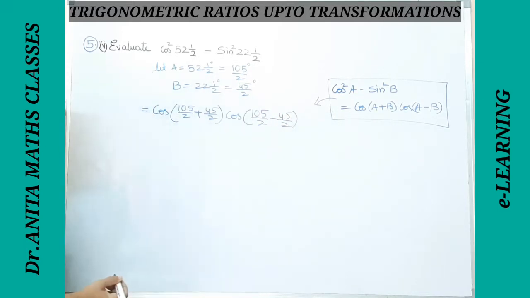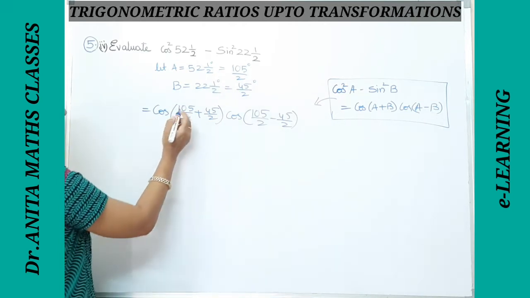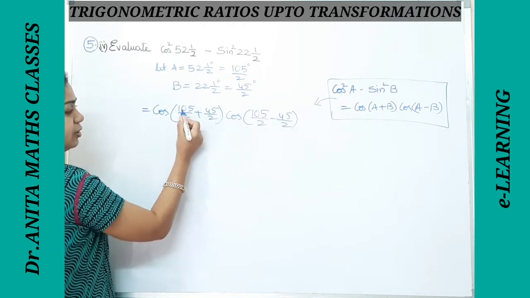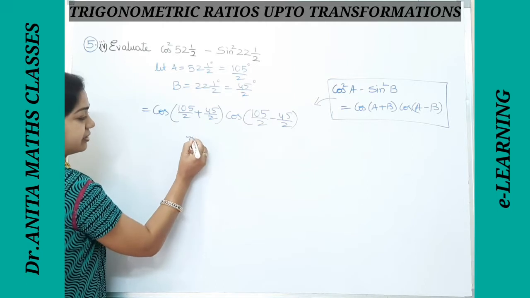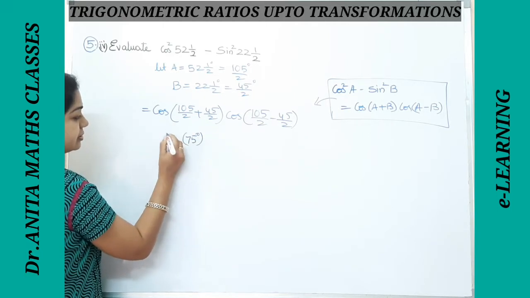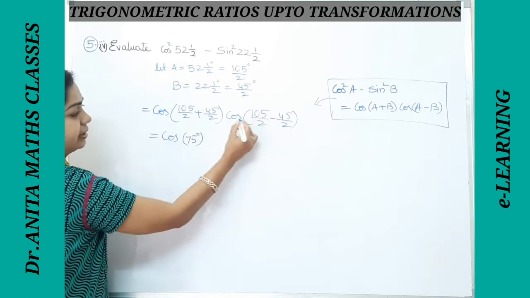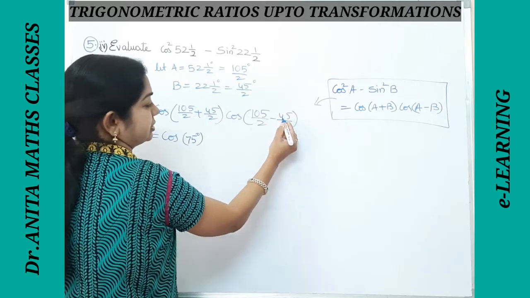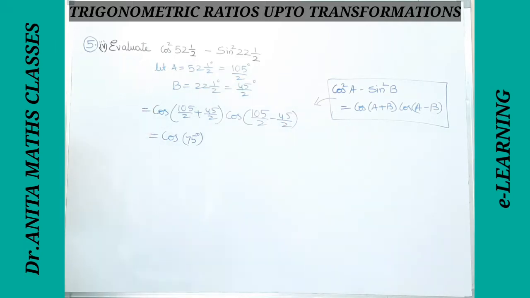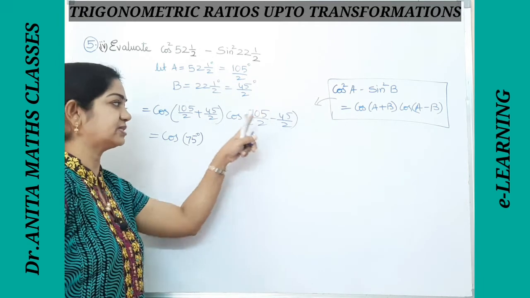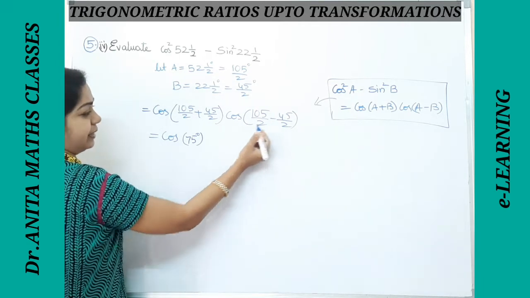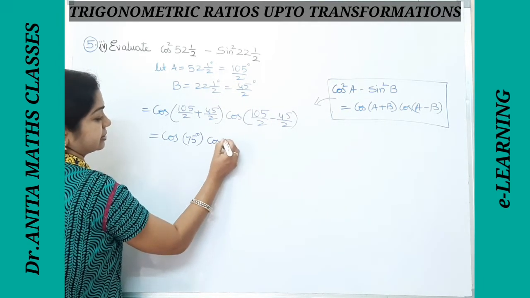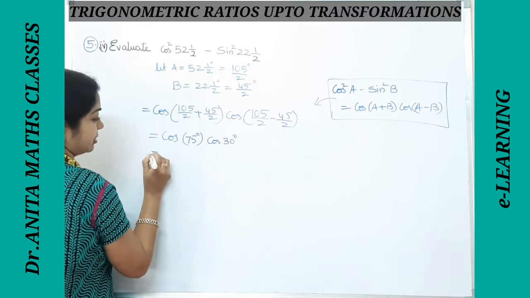Okay, here. Now if you see this, if you add them, LCM, 150 by 2 is cos 75 degrees. Yes. And here you get 105 minus 45 is 60, so 60 by 2 is cos 30 degrees. Okay.